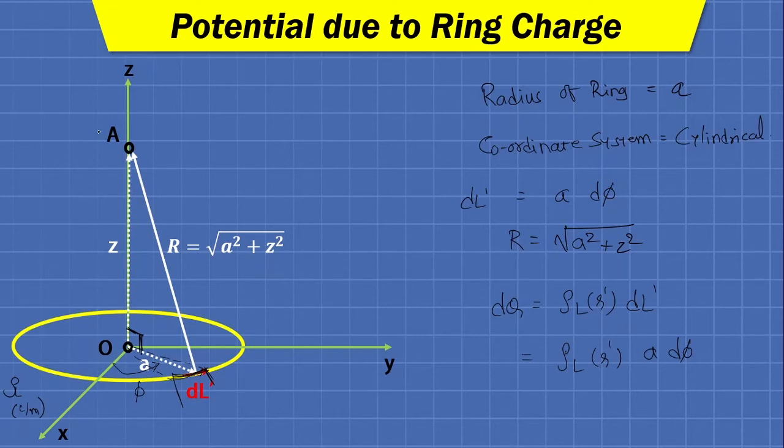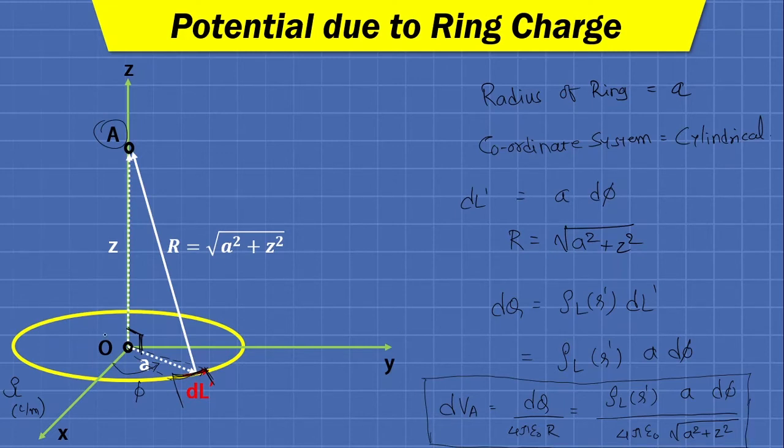We will find the small potential due to dl prime at point A. That small potential dVA can be written as dq divided by 4 pi epsilon naught r from the general definition. In place of dq we write rho l as a function of r prime multiplied by a d phi, divided by 4 pi epsilon naught, and in place of r I write the square root of a squared plus z squared. So this is the equation of differential potential due to the differential length at point A.